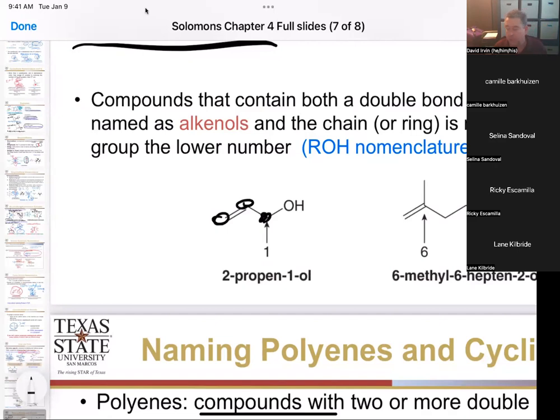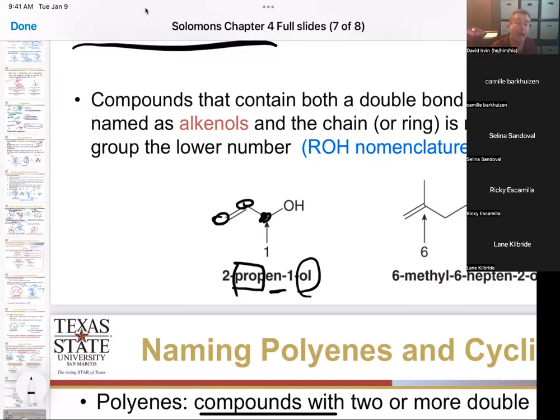Okay, this is where it comes into the idea that the prop tells us how many carbons are in the chain. The en is what I call the infix. It's telling us we have a double bond, but we also have a functional group greater than an alkane, an alkene, or an alkyne. So we must include it, and it changes the name.